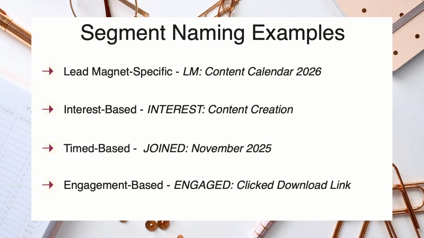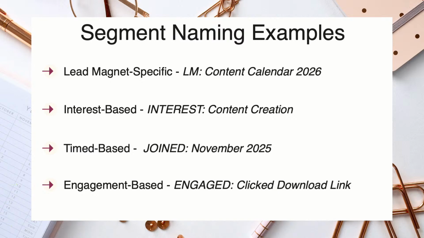There are different ways you can organize things. You can be lead magnet specific, which is how I'm going to do it. I'll abbreviate lead magnet as LM. You're going to send them a content calendar 2026. You may have another lead magnet about email strategy.